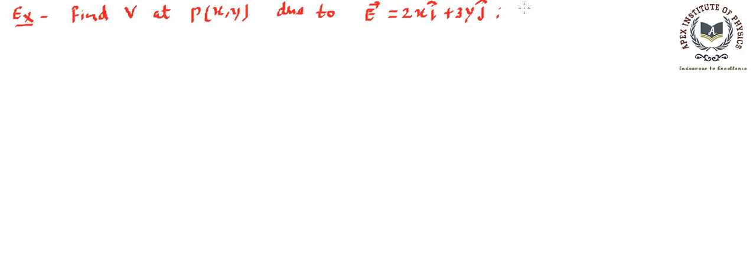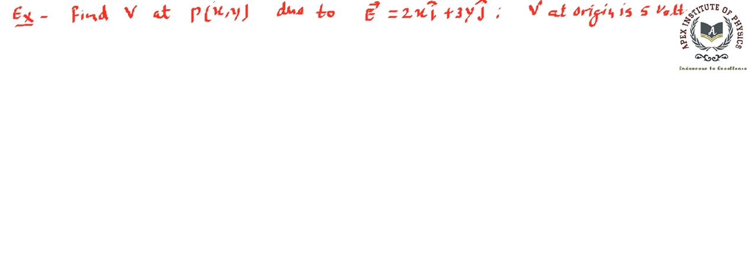Also given that the potential at origin is 5 volt. So the potential of origin is given to us as 5 volt, and we need to find the potential at any point P which is (x, y).